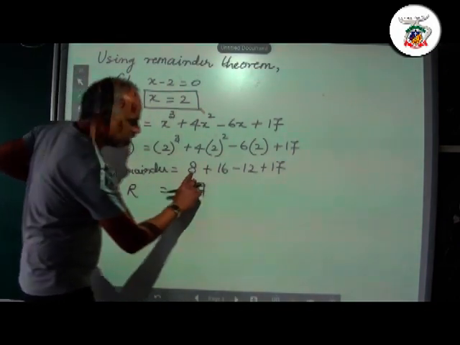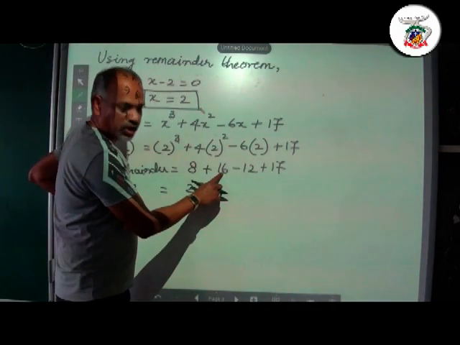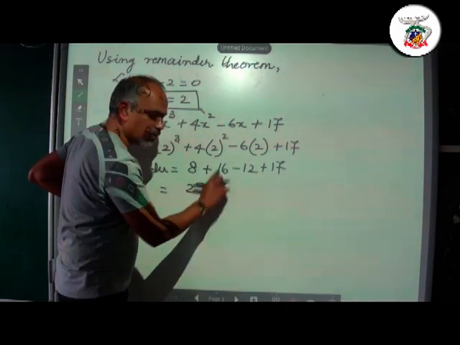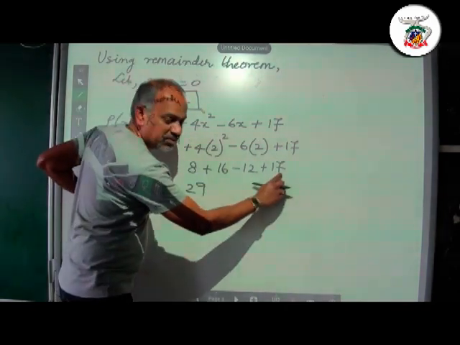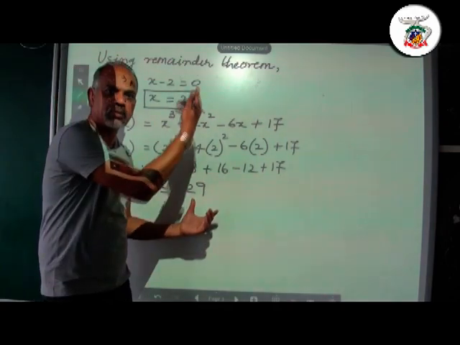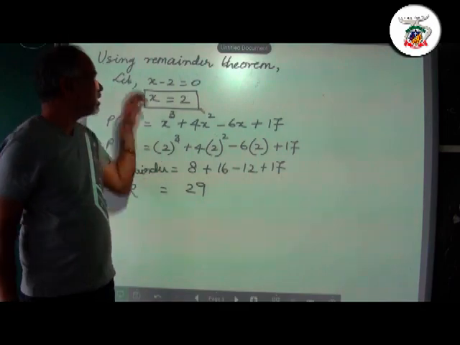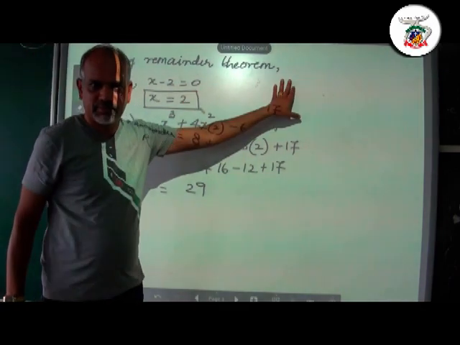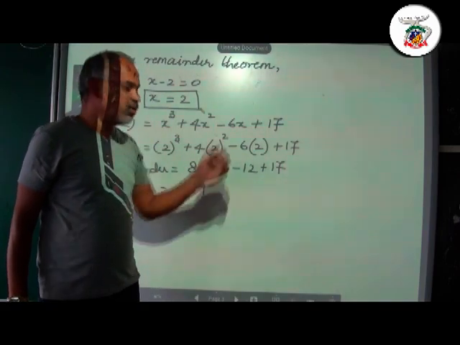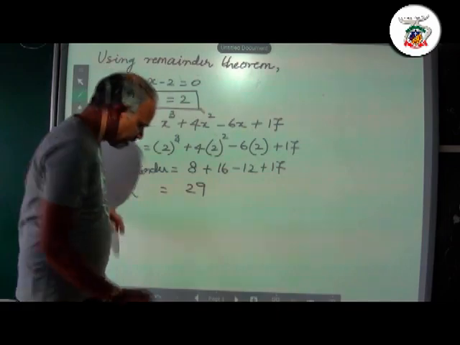R is equal to 8 plus 16 is 24, minus 12 gives 12, 12 plus 17 gives you 29, which was the same remainder that you got in the previous division method. But this is by using the remainder theorem. When you are using the remainder theorem, you actually don't get the quotient, you get only the remainder.